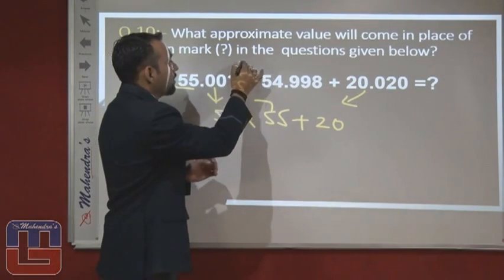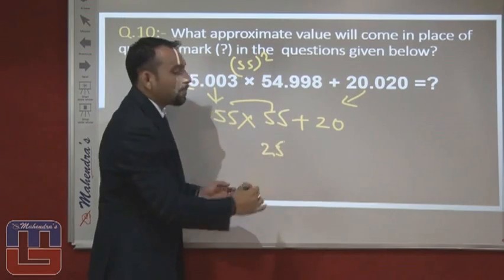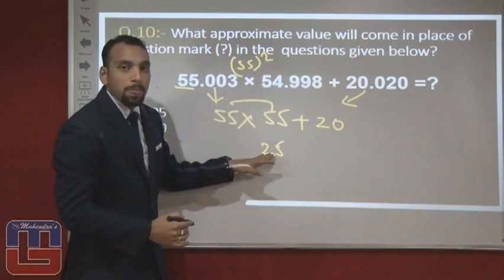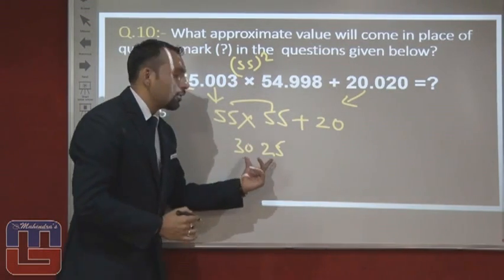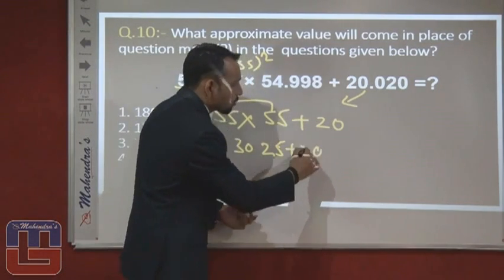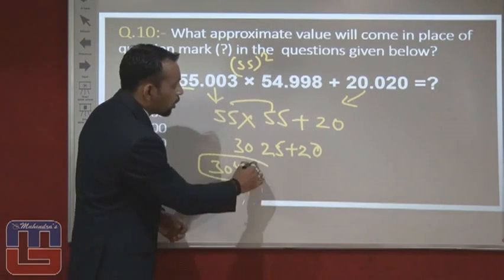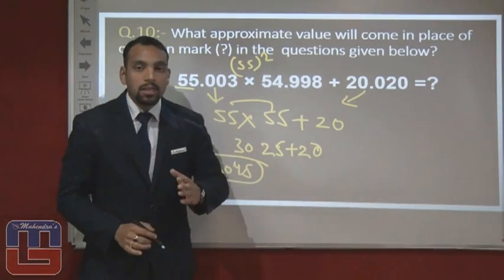If the last digit is 5, then 5 times 5 becomes 25, and then 5 times 6 is 30, that means 3025 is the square of 55, and we have to add 20 more, so the answer will be 3045.